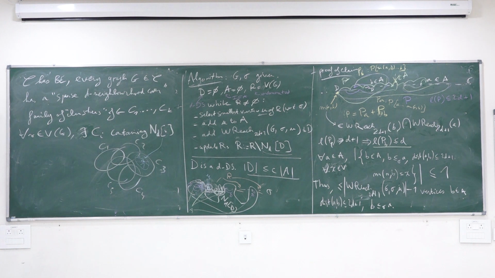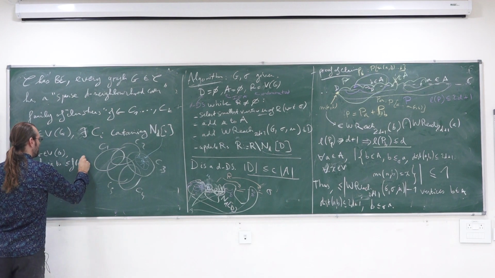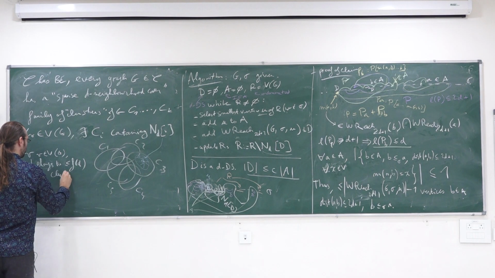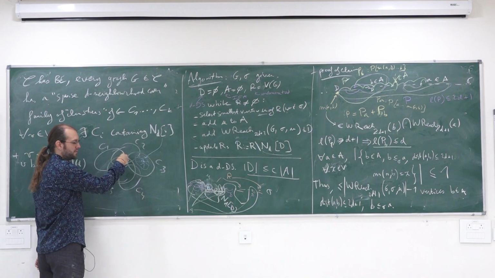But there are more conditions. So also you want that every vertex of V is not in too many clusters, bounded by some function. So that basically means that these clusters don't overlap too many times.